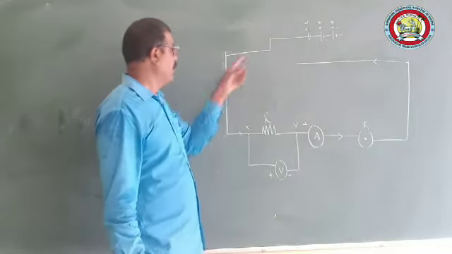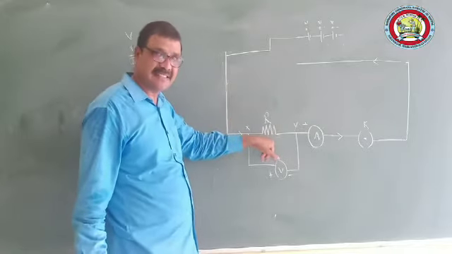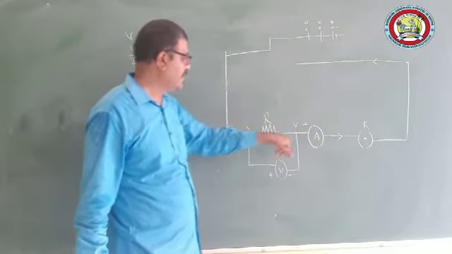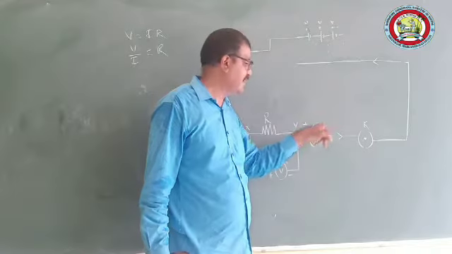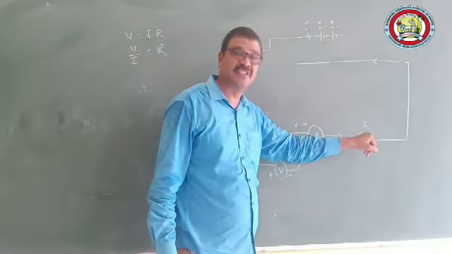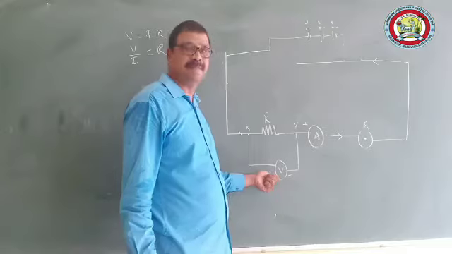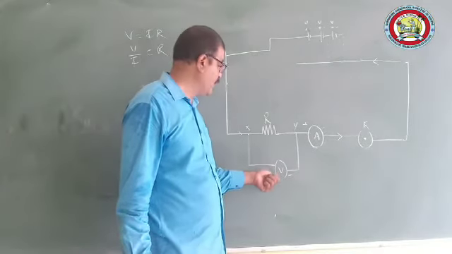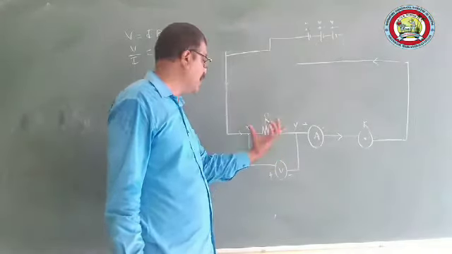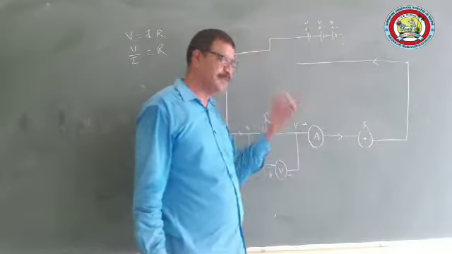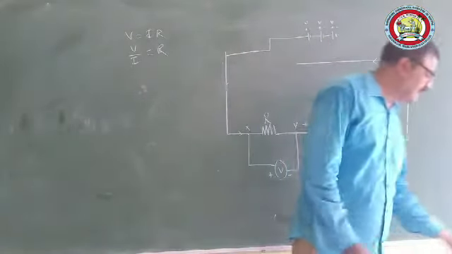Now, see here, we have 3 cells, one resistor, one ammeter to measure the electric current, one key or switch in other words, and one voltmeter. The voltmeter is used to measure the potential difference between 2 points. Why are we keeping the voltmeter in parallel? Very simple.